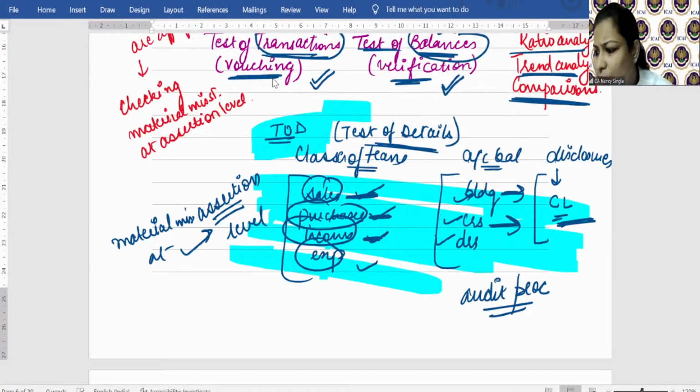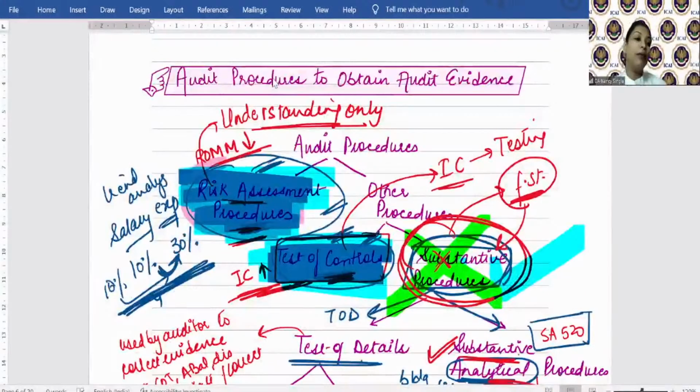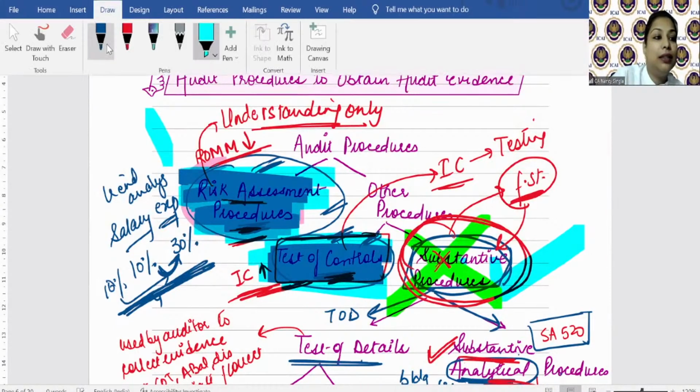Let me just have a look at one more query. The auditor must obtain an understanding of, see, there is a query that, ma'am, can the auditor skip this step, that he does not perform any audit procedure under SA 315. See, students, the auditor will have to obtain an understanding of the entity, environment, and internal control.